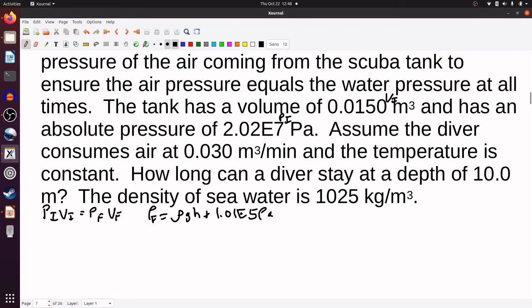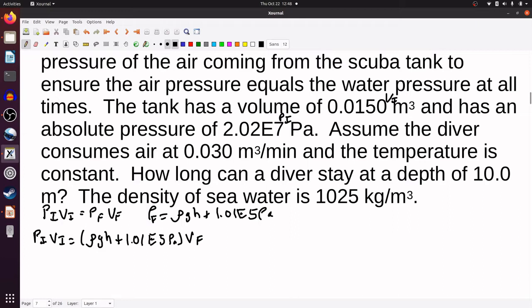And so that's how we would get that final pressure. And so that becomes PI VI equals rho GH plus 1.01 E5 pascals times VF. Okay, so that doesn't quite get us where we're going. I mean, that'll help us solve for volume, but why do we even need volume is the question.